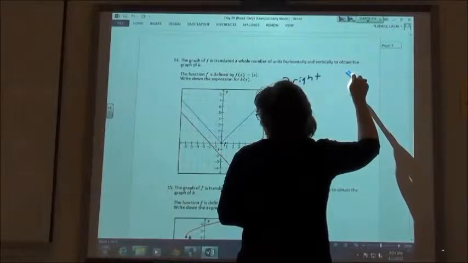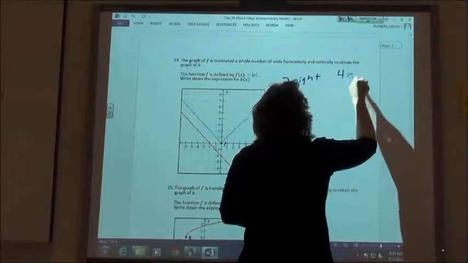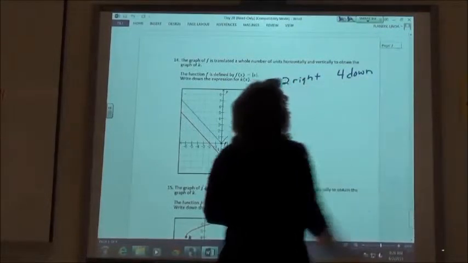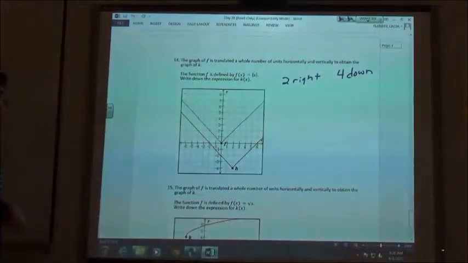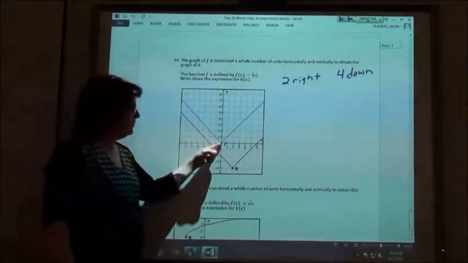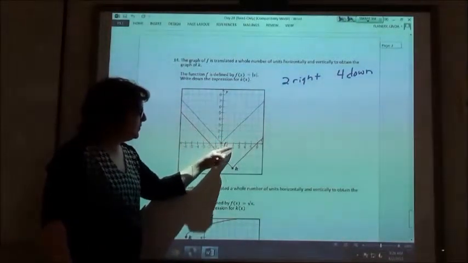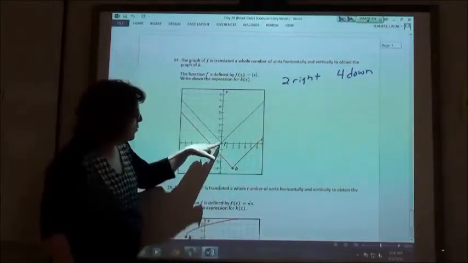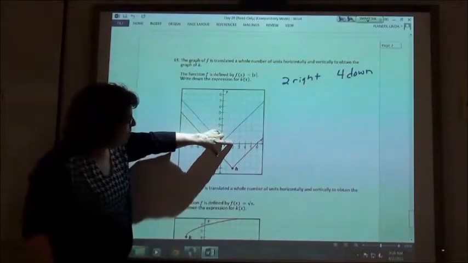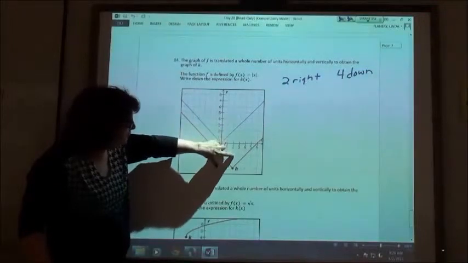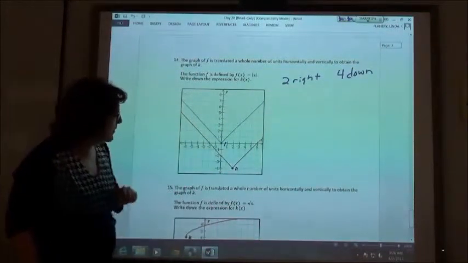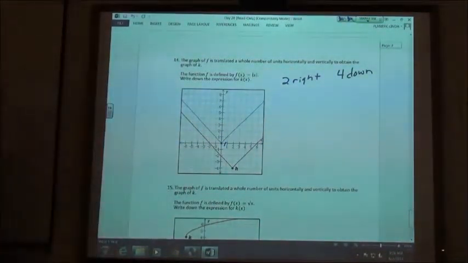And 1, 2, 3, 4. Negative 4, 4 down, right? I always count like, if I end up on the 2, I go 1, 2, 3, 4. I would have said 5. So you're going 1, 2, and you're not counting the top. You're going 1, 2, 3, 4. And 4 down.